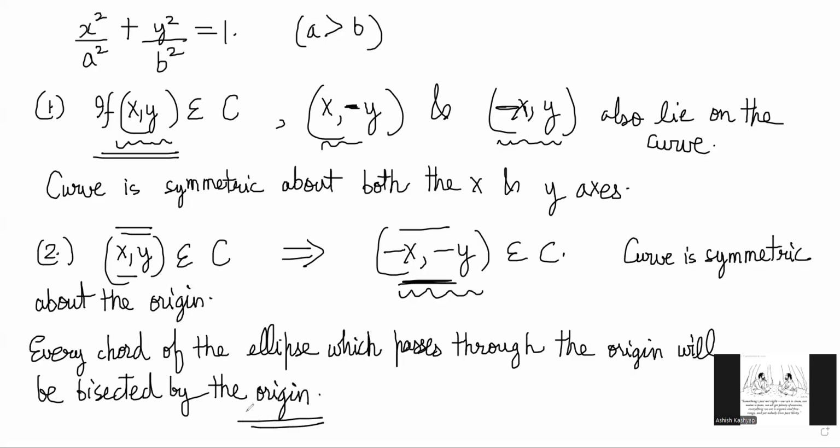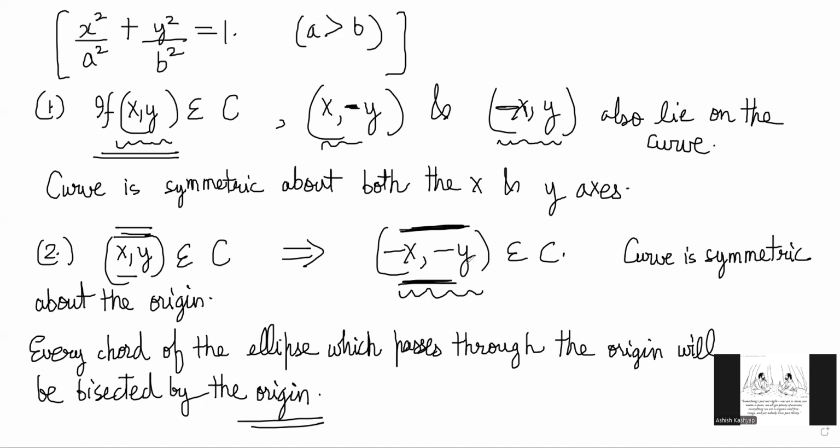So this is basically the definition of center of the curve. The origin is the center of the standard ellipse because every chord that passes through the origin will be bisected by the origin. That comes because x comma y and minus x comma minus y are the two endpoints and the midpoint is the origin, right? So the ellipse is a central curve.